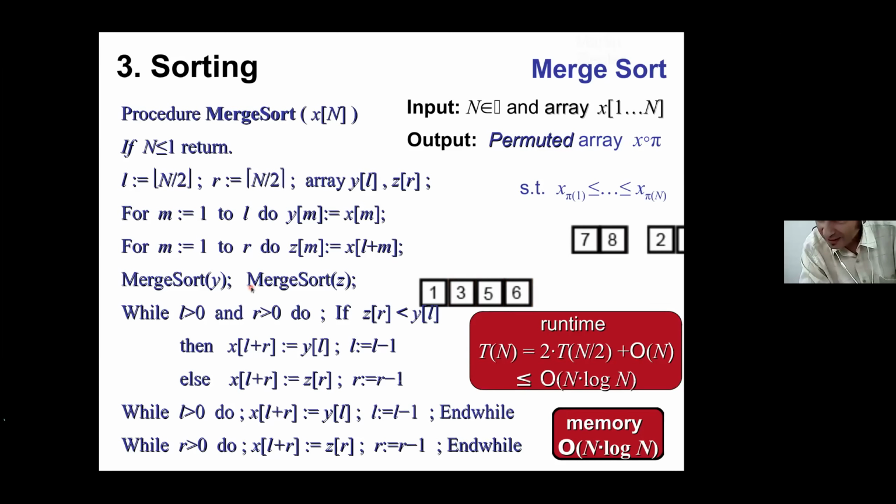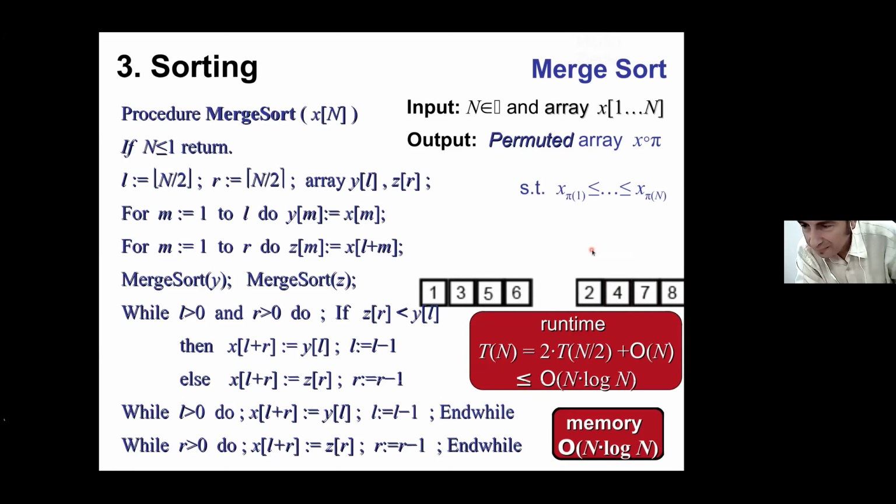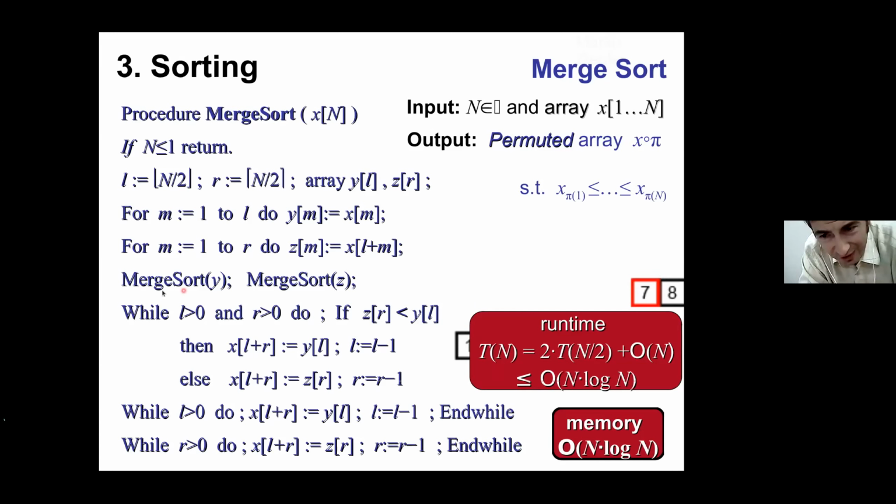Let's maybe go back here to the animation, maybe I can explain this on the basis of the animation. So the idea is that you do not really need to maintain all this memory simultaneously during the entire running time of the algorithm.